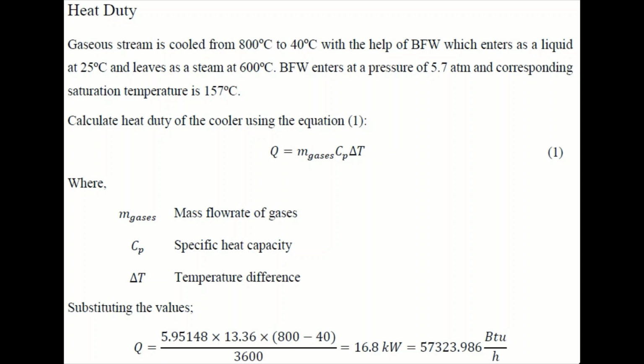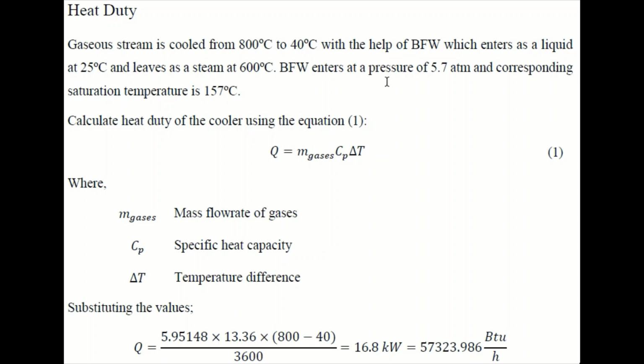In a heater, a heating utility is involved, as indicated from its name, for example, steam or hot water. So let's start with this example where a gaseous stream is cooled from 800 degrees Celsius to 1400 degrees Celsius with the help of boiler feed water, which enters as a liquid at 25 degrees Celsius and leaves at 600 degrees Celsius.